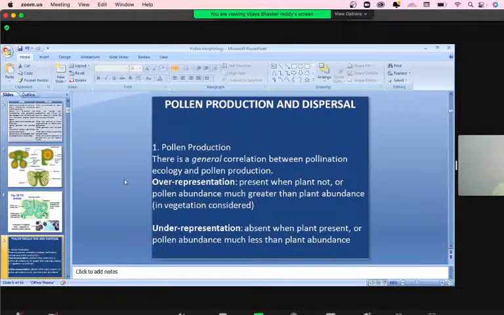Can you see the other slide? This is the pollen production and dispersal. Hello? Yes, sir. Can you see pollen production? Yes, sir. I don't know, if I start the slideshow, it's not moving.